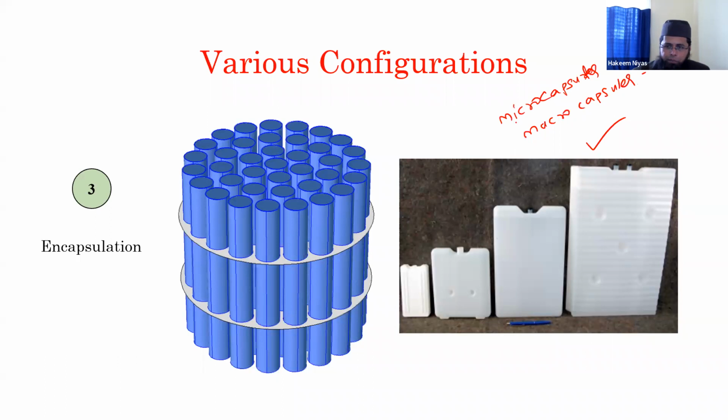Okay, so for microcapsules, the diameter is at the micron level, so we have to encapsulate the PCM in very small capsules, and it is normally covered by polymers. For macrocapsules, we can fill the PCM like this.